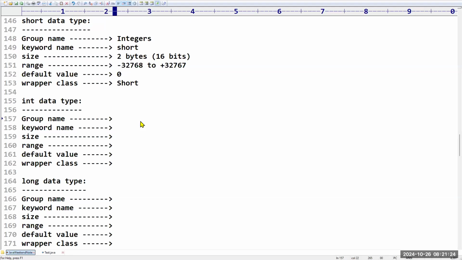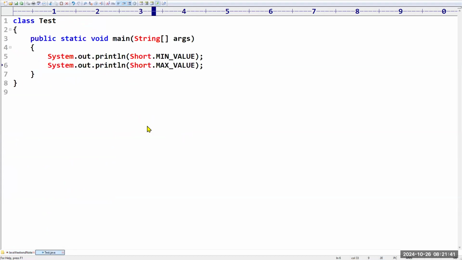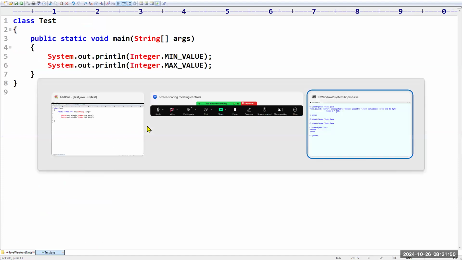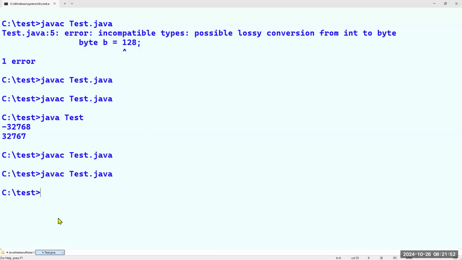Right. So what about integer? It also comes under the integers category. The keyword name is int. The size is double this, that is 4 bytes, which means 32 bits. What about the range? We have to calculate. For integer, int is not the wrapper class. The complete name we have to take. Now if you run, what output are we going to get?